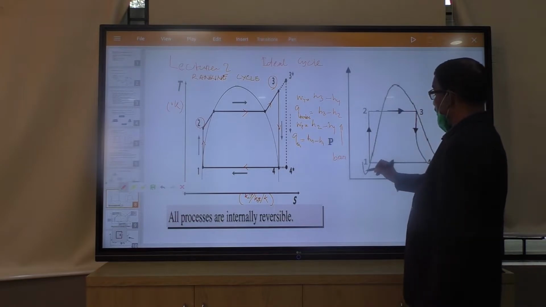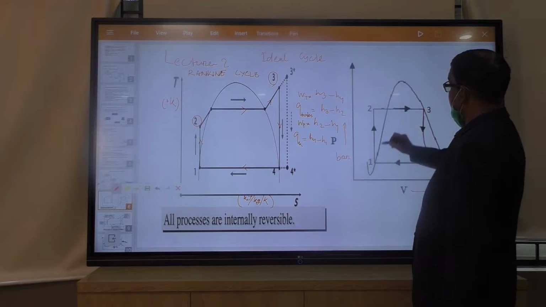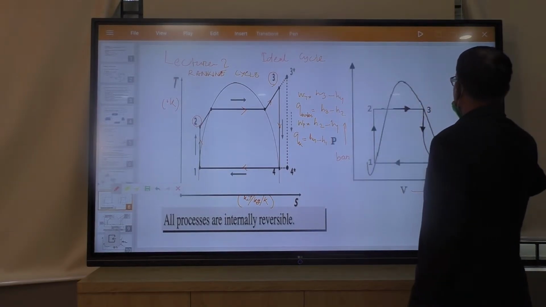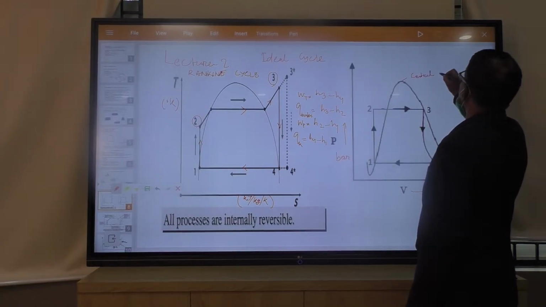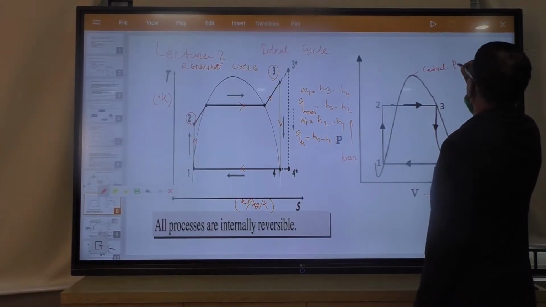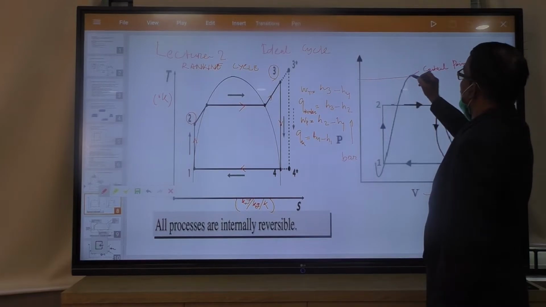And already I told this is your saturation liquid line, there it is saturation vapor line, and this is the critical point where liquid line and vapor line coincide. This is known as critical point, and the corresponding pressure is critical pressure.